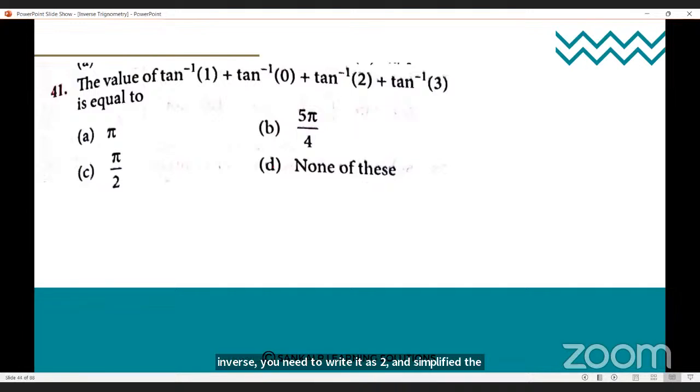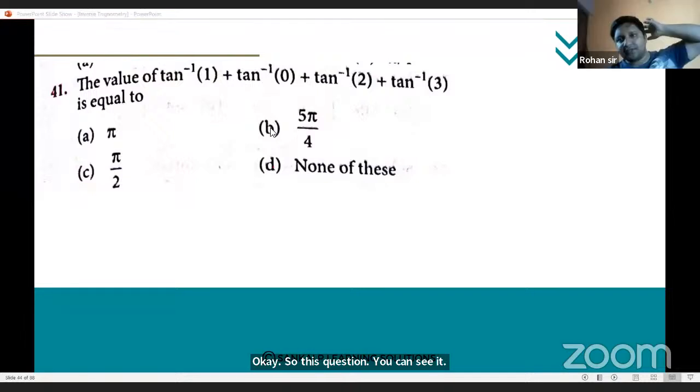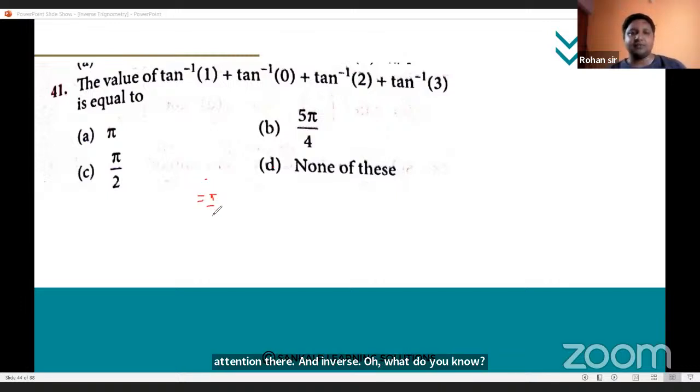Okay, so now see this one, question number 41. Tan inverse 1 plus tan inverse 0, tan inverse 2 plus tan inverse 3. How we can do this is, pay attention. Tan inverse 1, we know the value already, it is pi by 4.